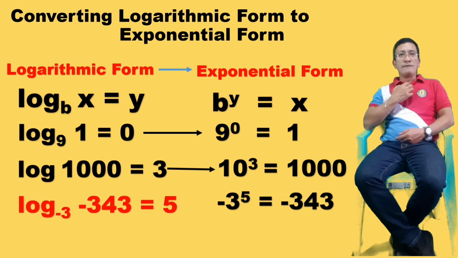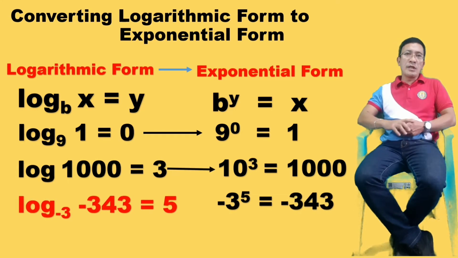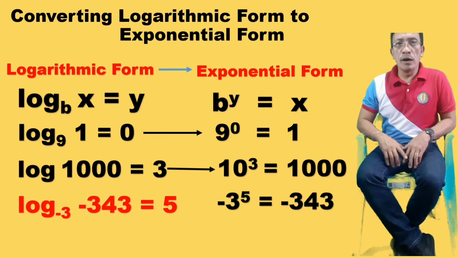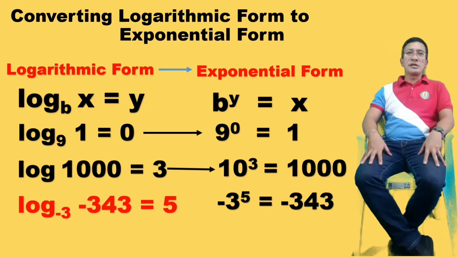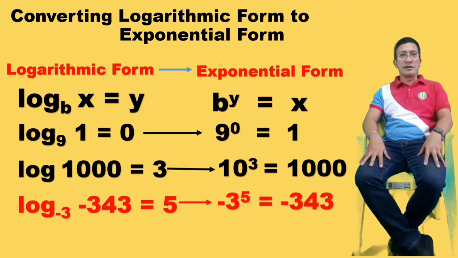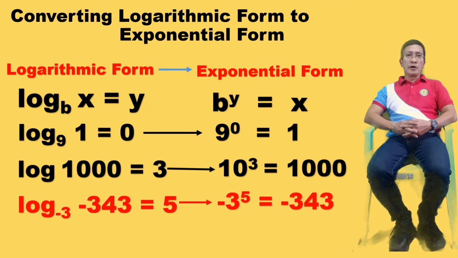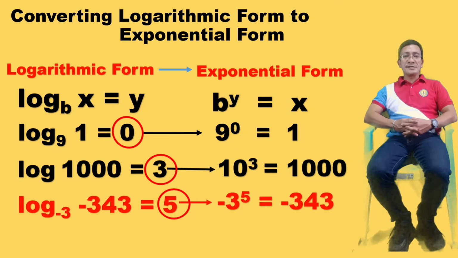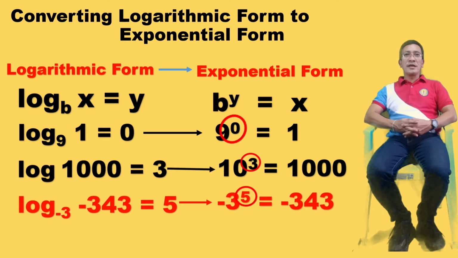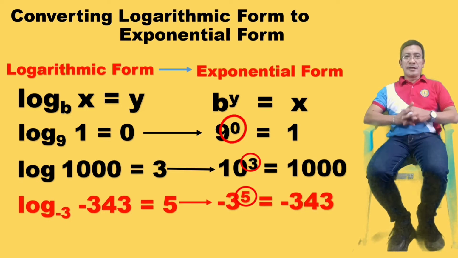Therefore, log of negative 343 with base negative 3 equals 5 in exponential form is negative 3 to the 5th equals negative 343.